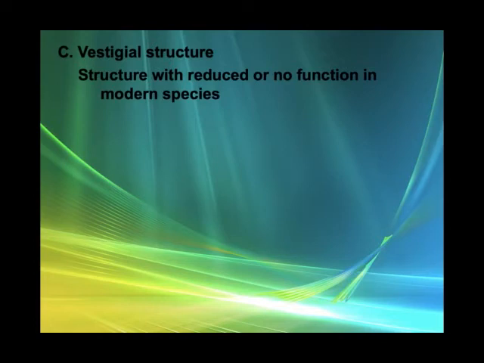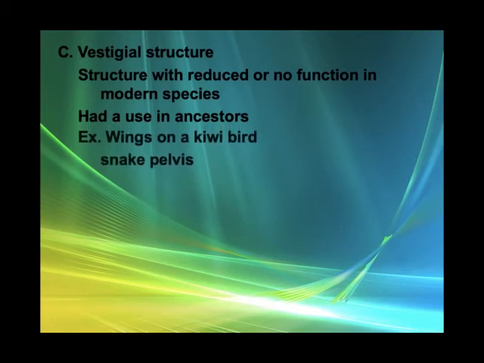And the reason that the modern species has it is because these structures did in fact have a function in ancestral species. So the structure is reduced or has no function in modern species, but had a function in its ancestors. An example of a vestigial structure is wings on a kiwi bird.